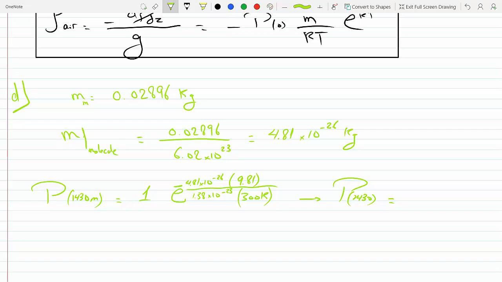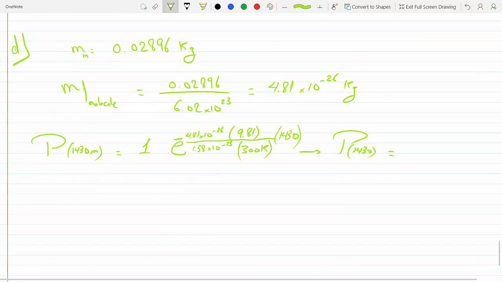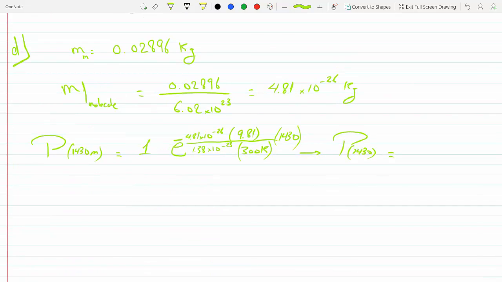Oh, I think I forgot the z here. So there's a 1430 here, right? Because there's, yeah, the z. So, 0.85 atm.